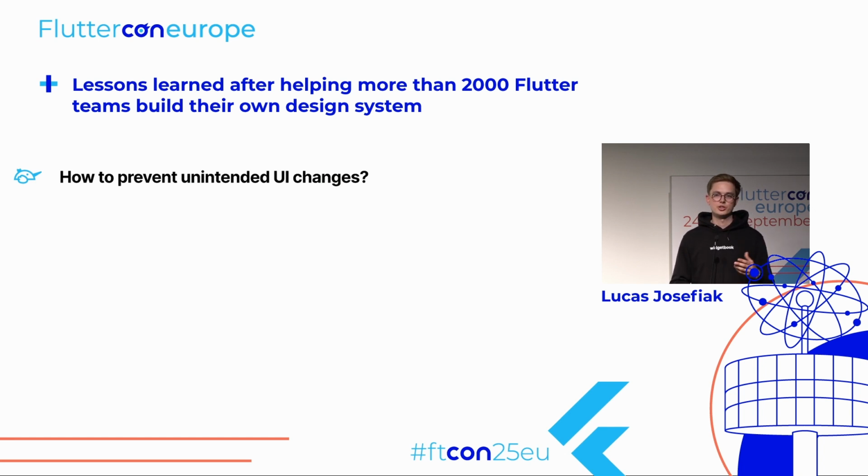Because in the end, your end users really don't care how clever your code is written. They care about how my app looks and how my app behaves. And eventually, you will always change something existing, or you will extend your design system. And what you really need to make sure of, as a developer, is that you do not accidentally break something.